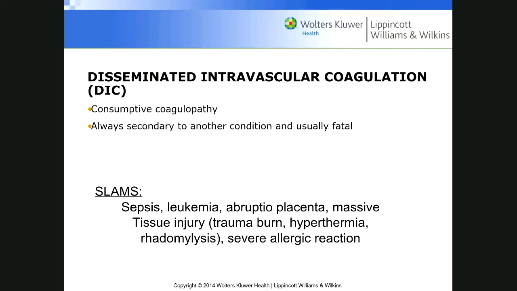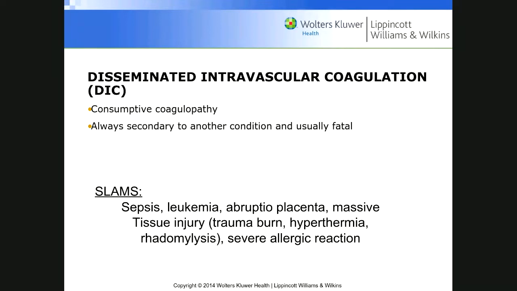And the problem with this is that DIC is not only involved in destroying red blood cells, but when you are making a lot of clots, you are really using up all the raw material. You're making clots everywhere, so when you do need to form a clot, if you have a nicked blood vessel, you do not have sufficient raw material to do it.